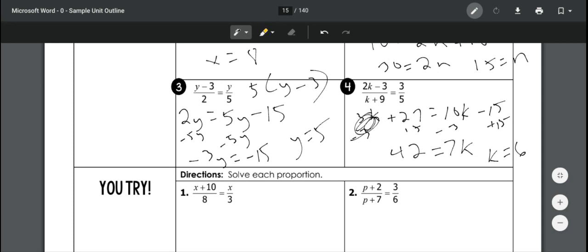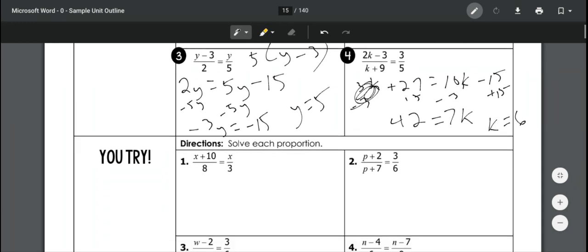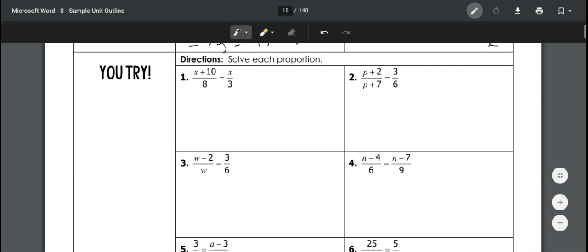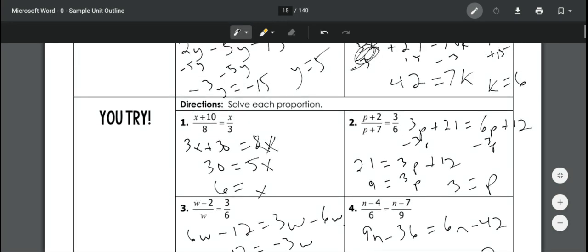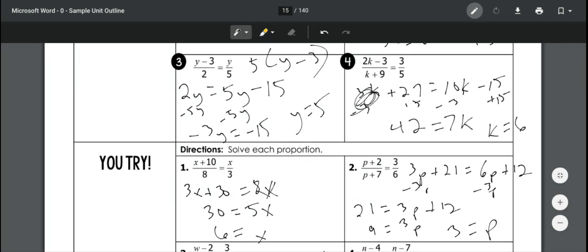Okay, so under you try, I'm going to pause the video and write the answers in, and then you come back to them. Okay, so if you go back up here, number 1 and number 2, you can look to see if you have any problems.